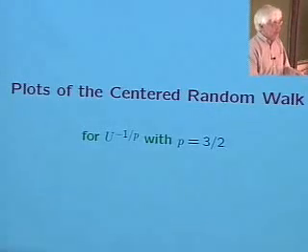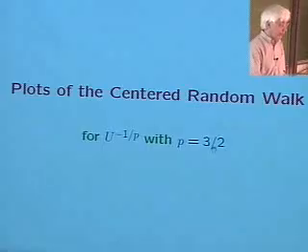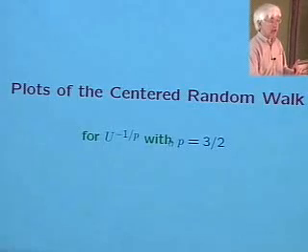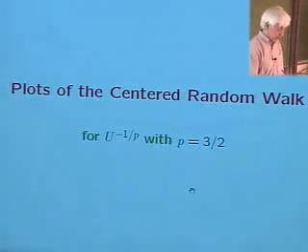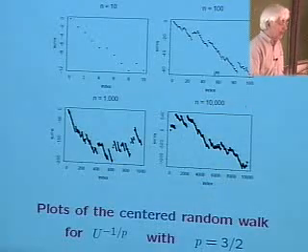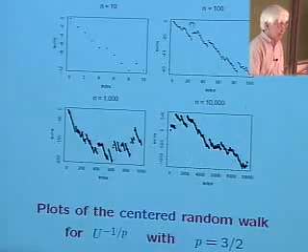Now, if you go back to the centered random walk in the case where it has finite mean but infinite variance, it was converging slowly. We can see what we get. This is the case where it was going to a line but not very fast. Now you see something: this doesn't look like Brownian motion.